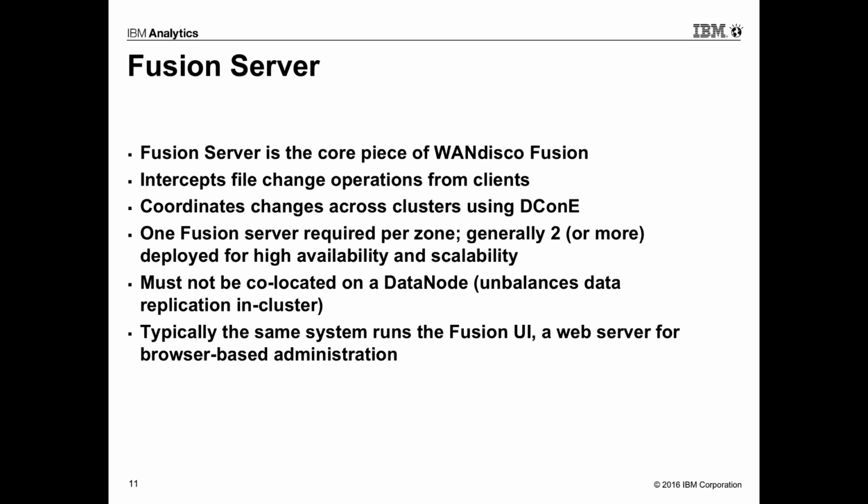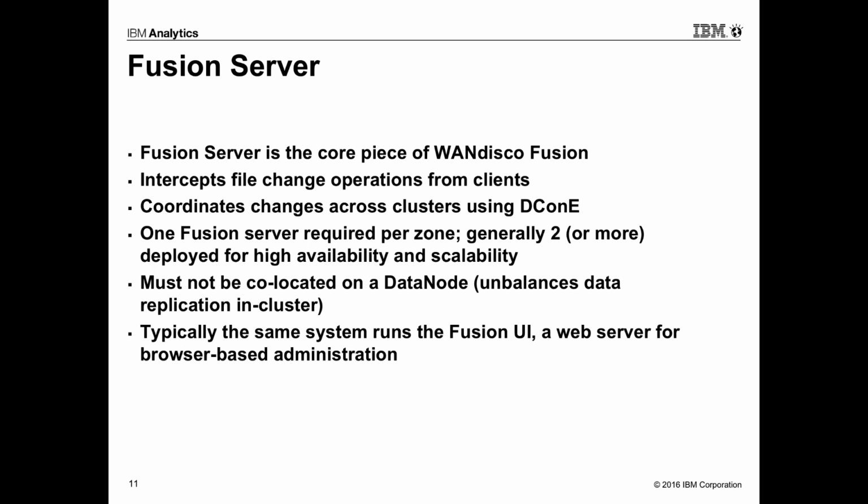And I'll go into more details about how that DConE engine works. Normally, one Fusion server is required per zone or per cluster. And obviously, you want to have two or more deployed for high availability and scalability purposes.